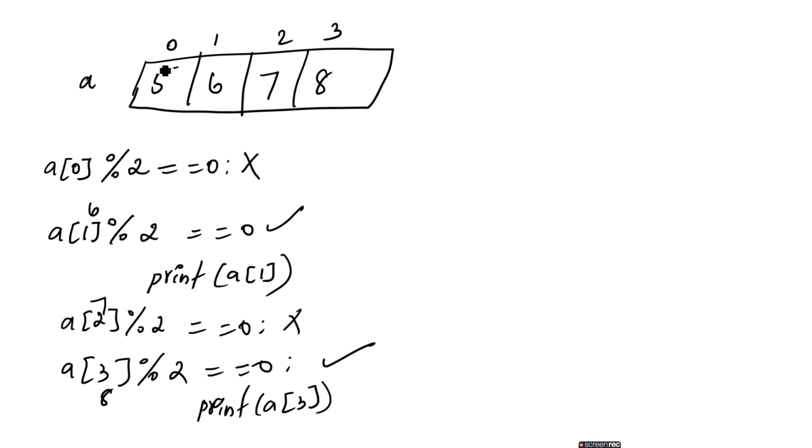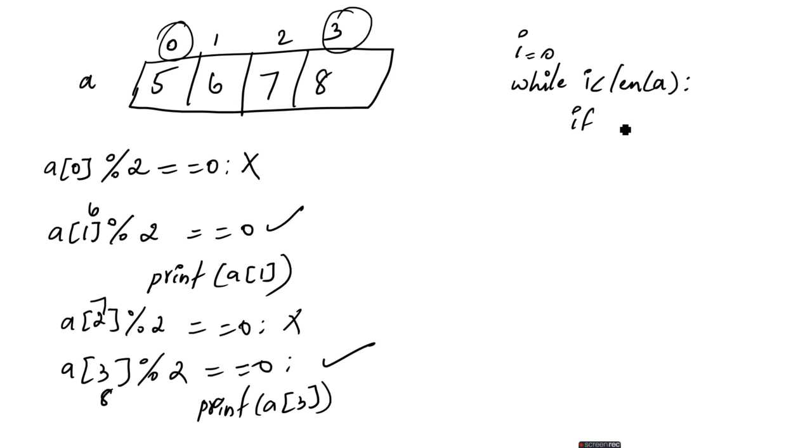That's it. So from the beginning to this end, that means length of list minus 1, or we have to check from the index 0 to the element that is less than length of the list A. We have to execute the loop. So we can write like this: I equal to 0, then we can write while I less than length of A. Now we have to check whether the element is even or odd.